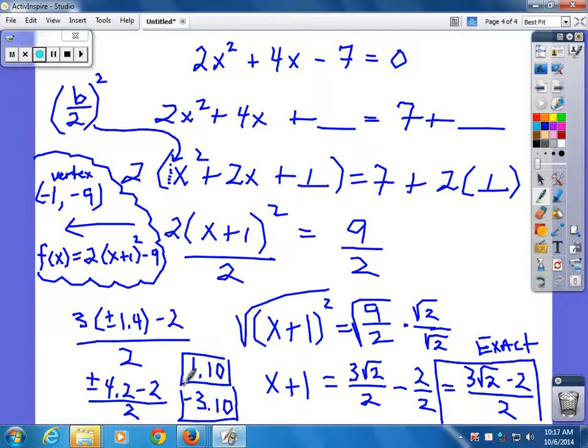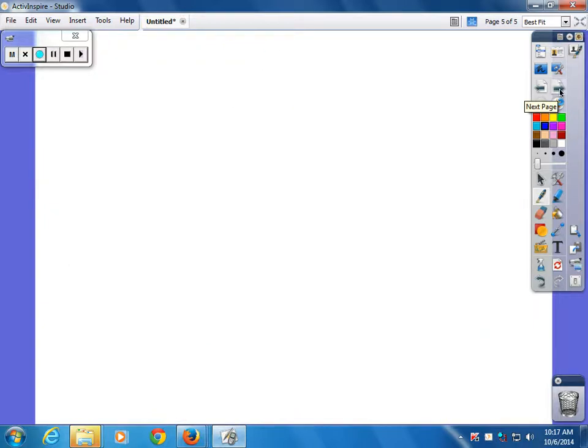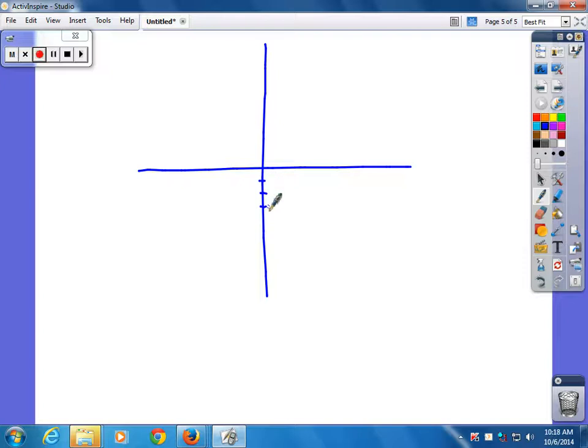Our y-intercept is -7. One, 2, 3, 4, 5, 6, 7. X-intercepts, give it to me again, 1.1 and negative what? Negative 3.1.